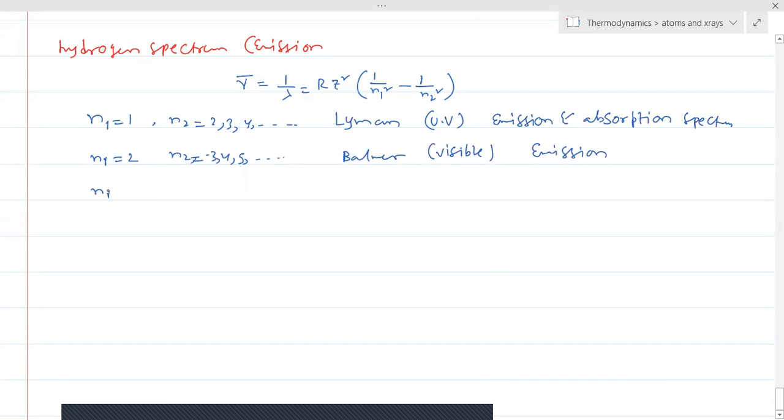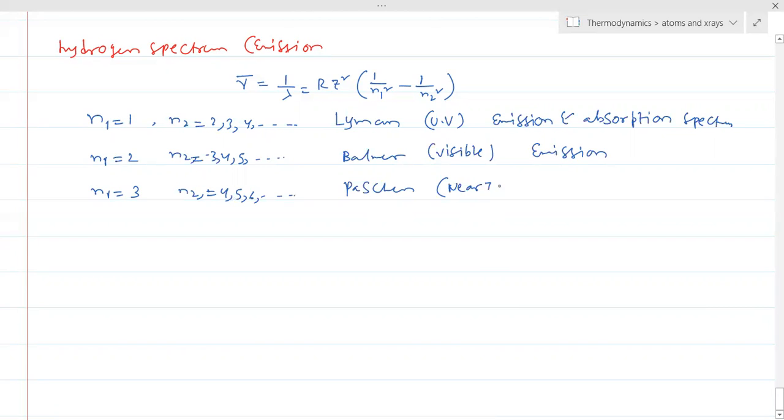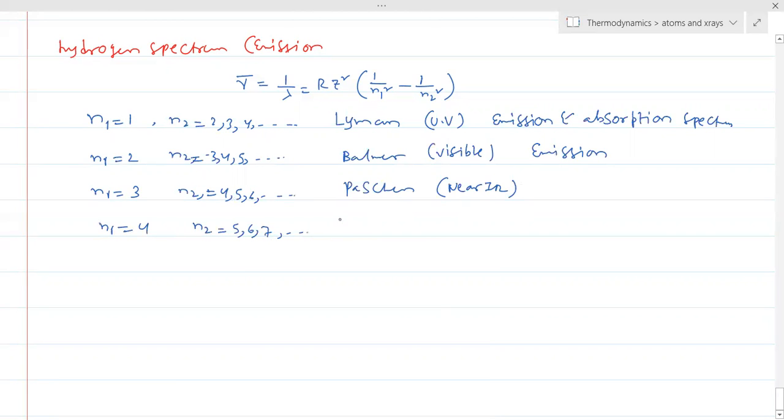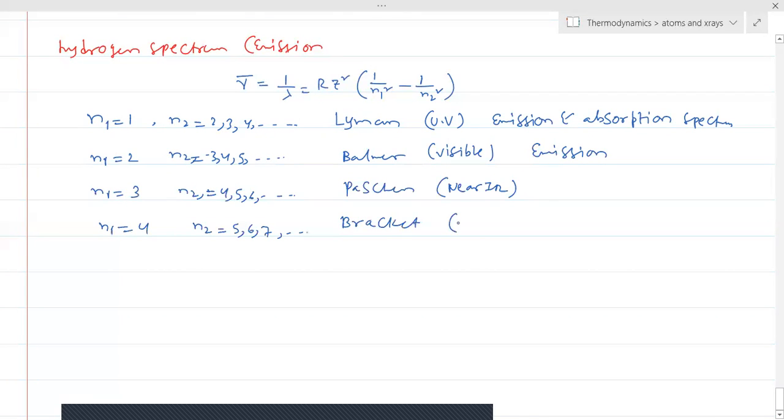Similarly, if n1 = 3 and n2 = 4, 5, 6 and so on, we will get the Paschen series, which is present in the near infrared. If n1 = 4 and n2 = 5, 6, 7, we get the Brackett series, called the middle IR.